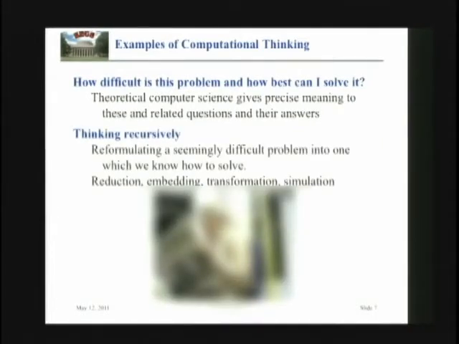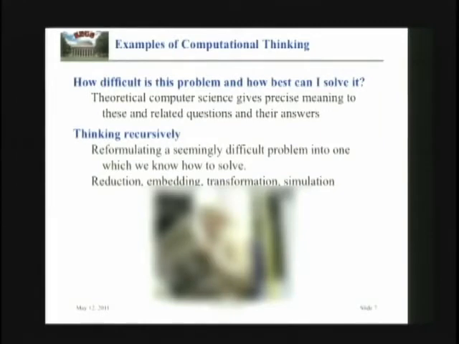And of course, thinking recursively is very important. Fundamentally, it's the key in that what we try and do is we try and reformulate a seemingly difficult problem into one we already know how to solve. This is what we talked about before, reduction to a previously solved problem. And we've looked at different ways of doing this. There's reduction, as I've mentioned.